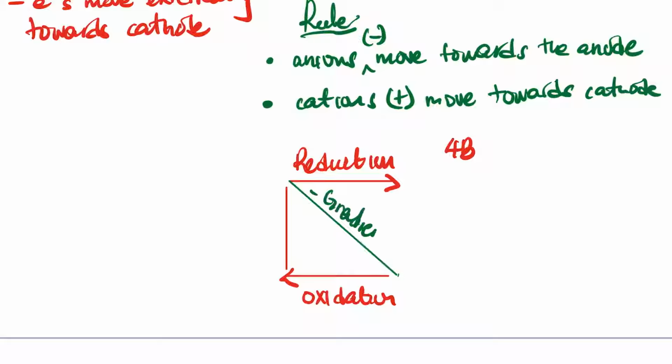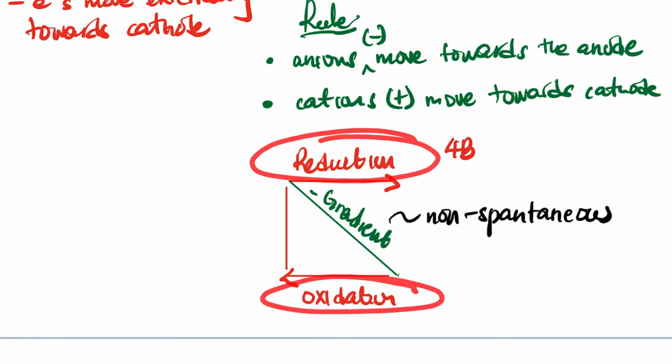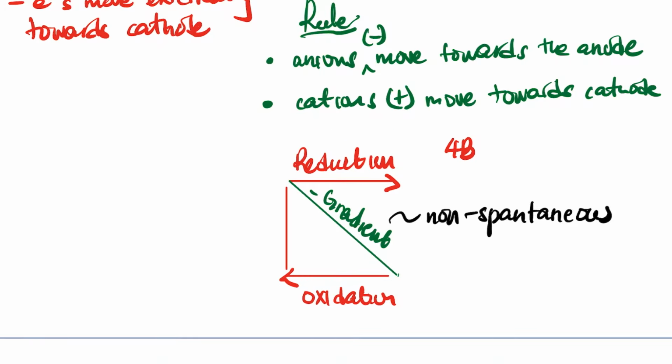This negative gradient means that the reaction between these two half reactions is non-spontaneous. That means it needs energy. That means the EMF that you're going to calculate is going to be less than 0, or negative.